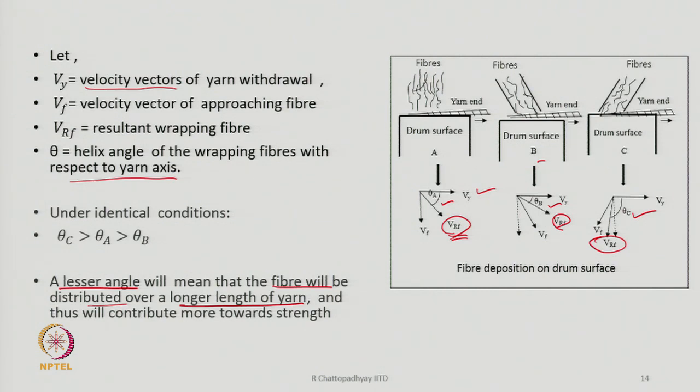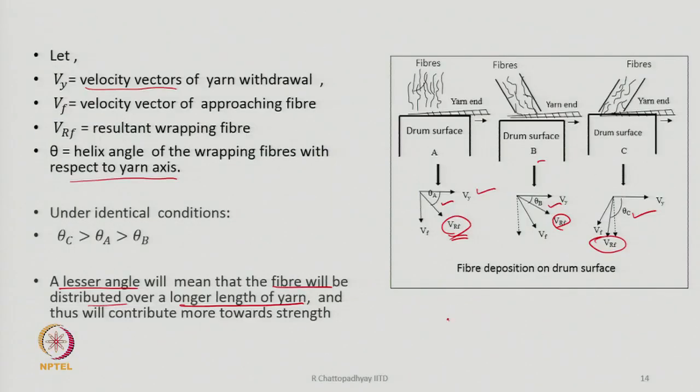So, the fiber is getting wrapped over a longer length of the yarn, that is a better way of wrapping the yarn, following the axis of the yarn, than if it is wrapped almost perpendicularly to the yarn axis.